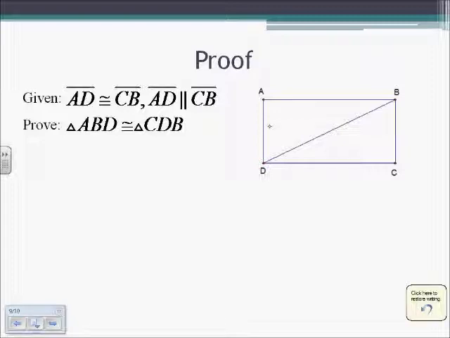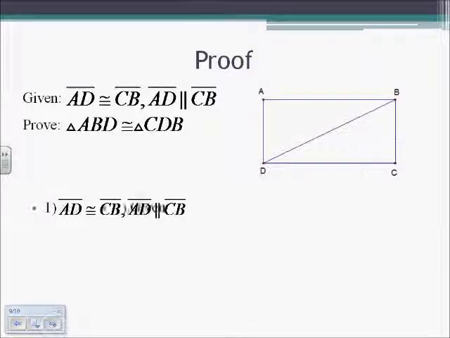Okay, next example. Given AD is congruent to CB and AD is parallel to CB, prove that triangle ABD is congruent to triangle CDB. Alright, stating what we have given again for our proof and marking our picture. AD is congruent to CB and AD is parallel to BC.